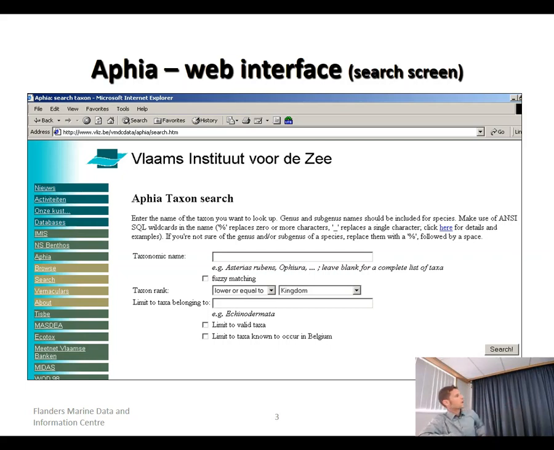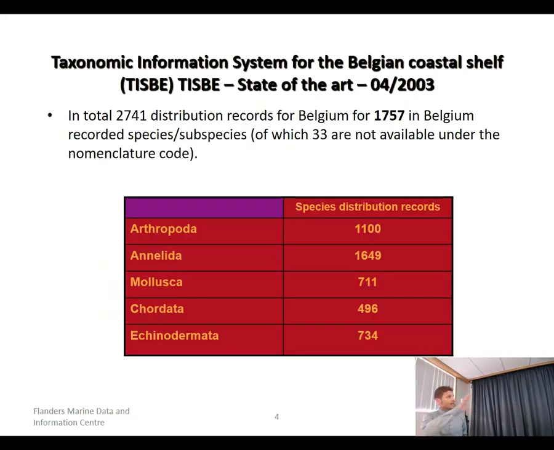So you can see it was quite upfront in the menu, this Aphia taxon database, in which we started to work and to add information on marine species occurring in the North Sea. At the same time, there was a parallel initiative called TISBE, standing for the Taxonomic Information System of the Belgian coastal shelf, which at that time was state-of-the-art.